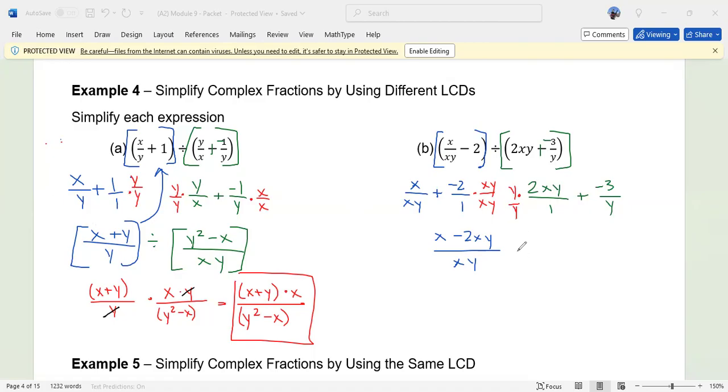So we'll have divided by 2xy squared minus 3 all over y. Now that we've got the two together, let's go ahead and work some magic here. We've got x minus 2xy over xy times y over 2xy squared minus 3.